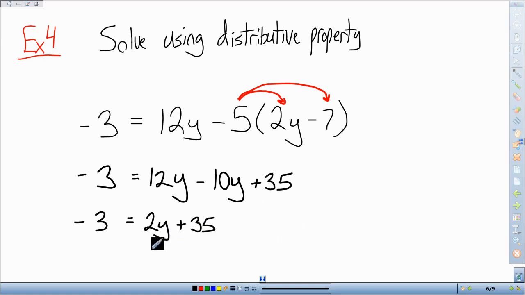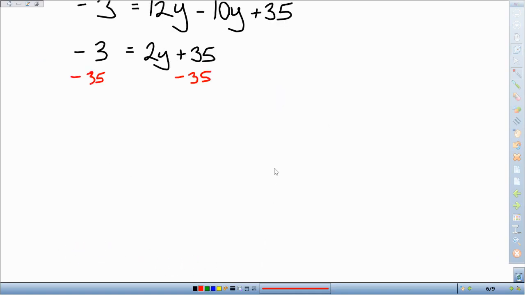Okay, now I can solve for y. Remember, our variable's on the right-hand side this time. We only care about these numbers. This minus 3, we don't care about it. It's already on the other side. Okay, so let's deal with this plus 35 by subtracting it, both sides. All right, so over here, combining the negatives, I get a bigger negative, looks like negative 38.